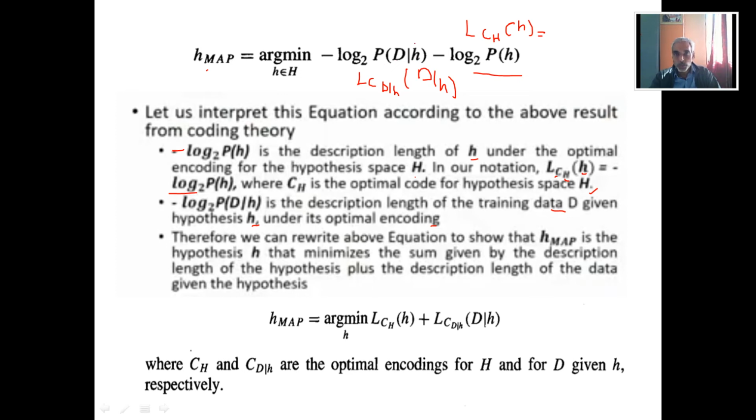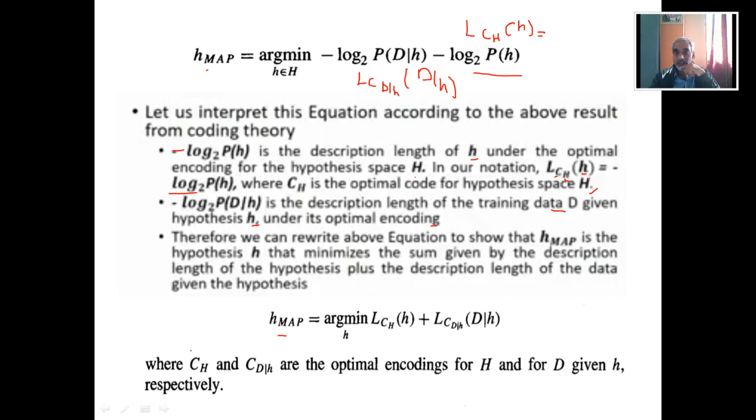So now these two terms in our H MAP, we are trying to represent with respect to the concept of information theory. So we rewrite this equation. Now H MAP is equal to argmin of what? The first term is argmin of LC of H plus LC of D given H of D by H. So we are adding these two, because we are considering the minus sign.